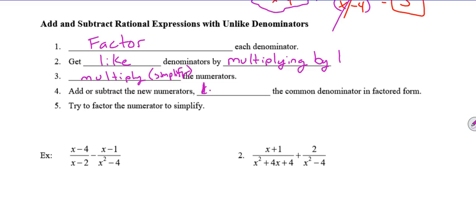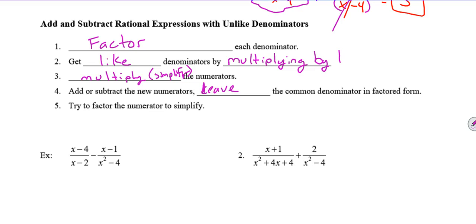And we want to leave the common denominator in factored form. There's no reason to multiply the denominator back together. Once we have it in factored form, leave it in factored form so that in case the numerator has to be factored, you can simplify it easier.